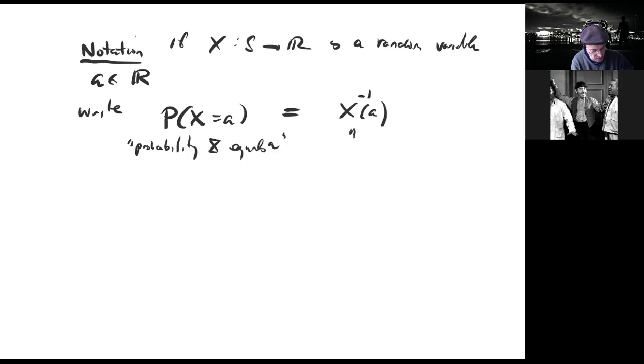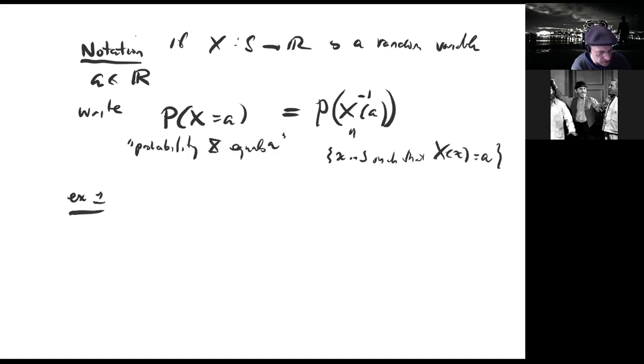So this is the set of all x in S such that X(x) equals A. And this is a subset of S, therefore it's an event, and I could take the probability of that event. That's the definition of the notation.